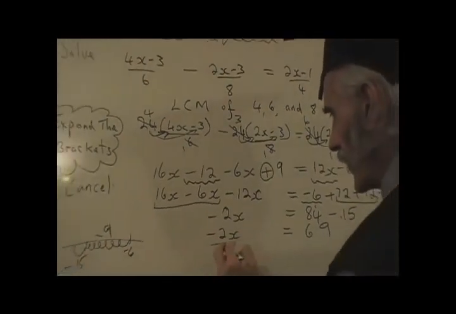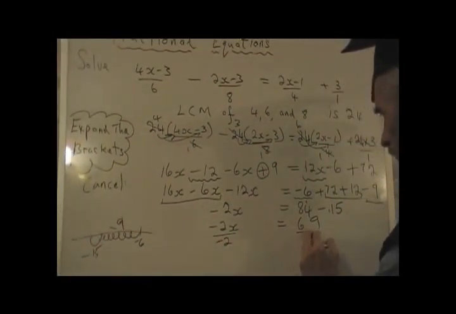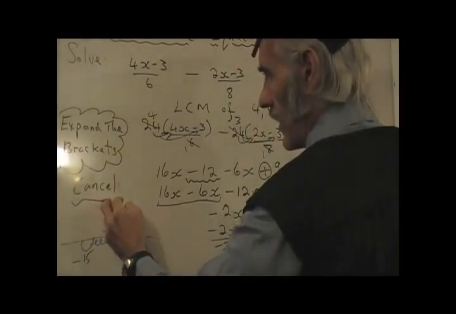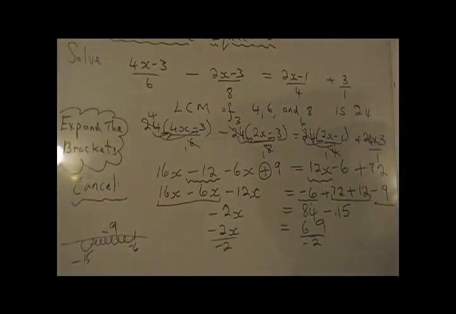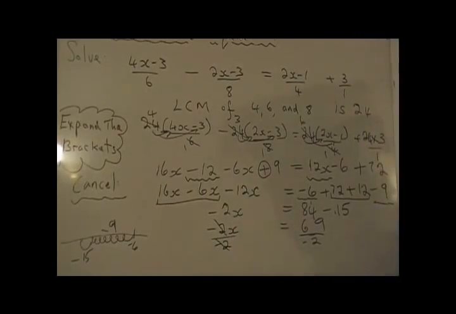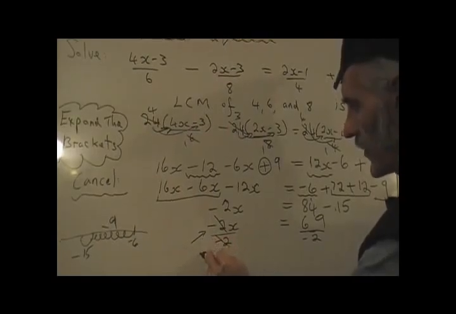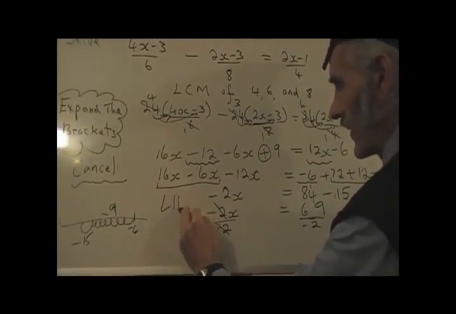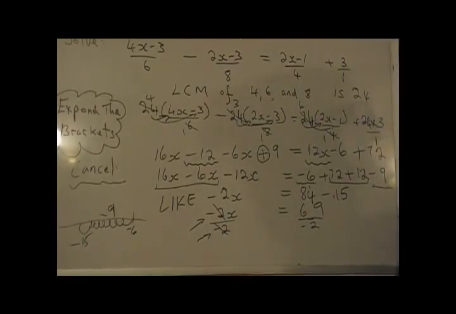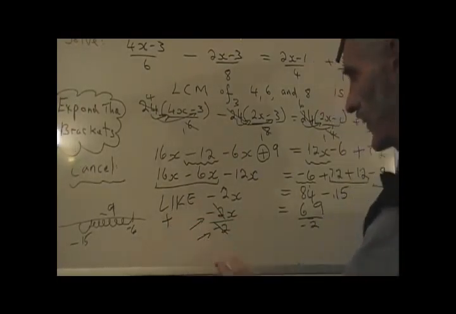I put a minus 2 on the left hand side and a minus 2 on the right hand side. I then do what I've done many times before, and I cancel. I cancel my 2's on the left hand side, and you may remember that two like signs, multiplied or divided, would give me plus.